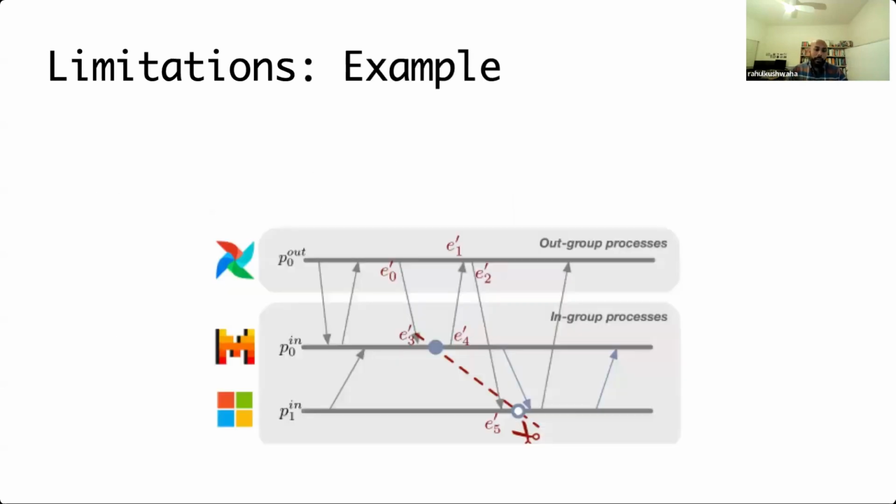So one such example is, imagine that you have P0 and P1, two in-group processes, right? I'll go deeper into what in-group processes means. But imagine these are the two services that you control, and then there is some out-group process that you don't control. So you cannot have your software installed, which can help us participate in the distributed snapshot.